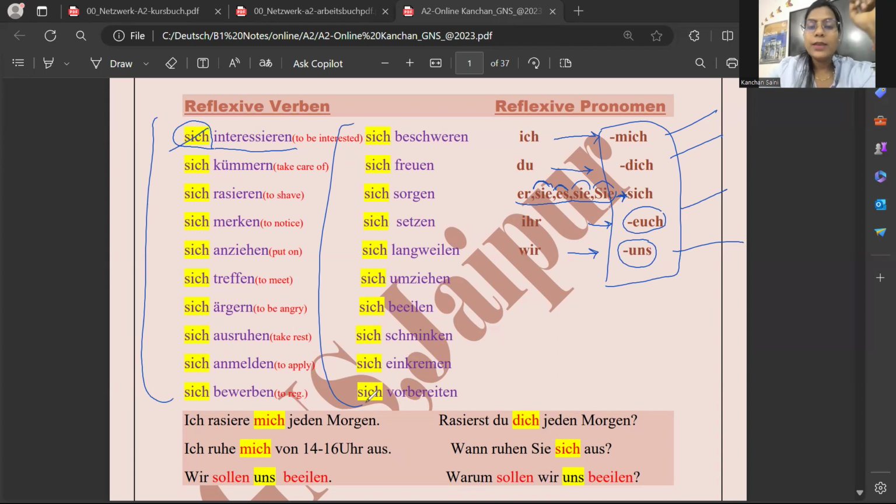You can take the help of the application dict.cc. Please find out the meaning of these verbs. I'm waiting. After that, we will learn how we use the reflexive verb in sentence framing.